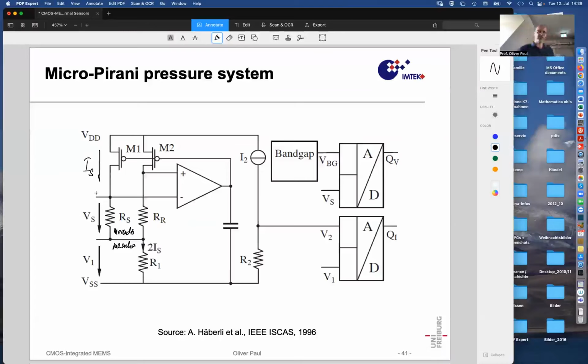And then there is a second resistor, which is called RR, R for reference, a reference structure, which has a resistance slightly smaller than RS, maybe 2%, a percent or so, or 2% lower.